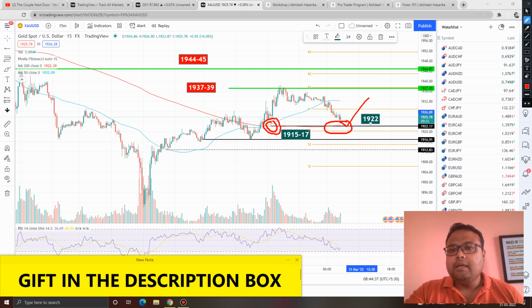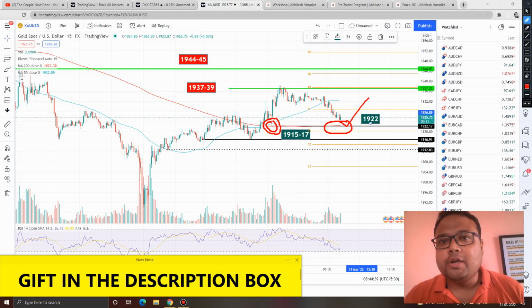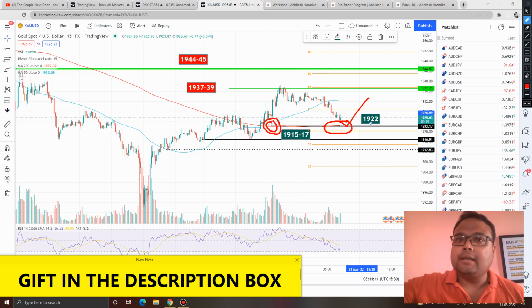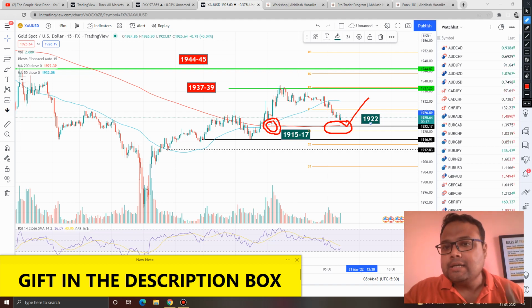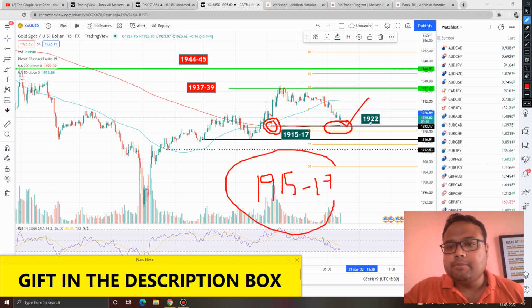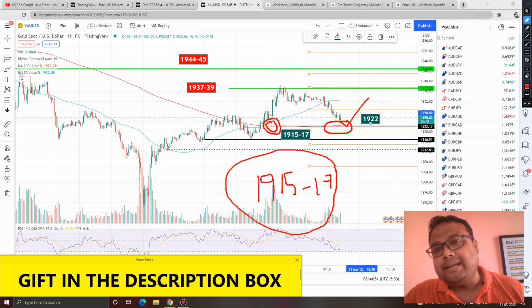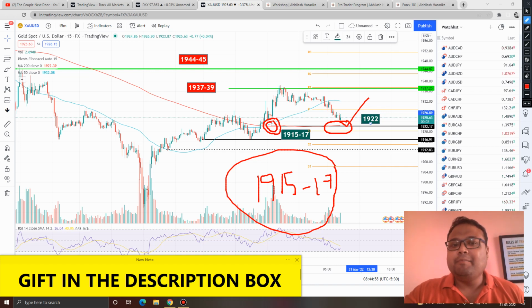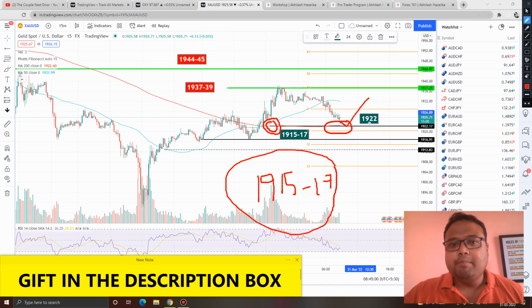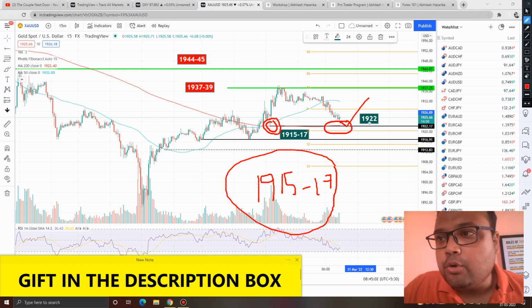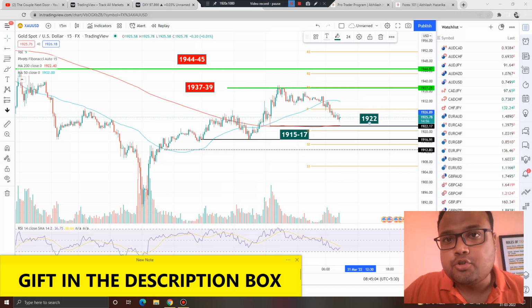But in case you see that heavy selling is going on, the market is unable to bounce and is breaking the level, then the next important level will be 1915 to 1917. There is a possibility of the market bouncing from 1915 to 1917 as well. If the market breaks this level also, then heavy selling may come, because in this market condition we do not have a very strong support zone right now.